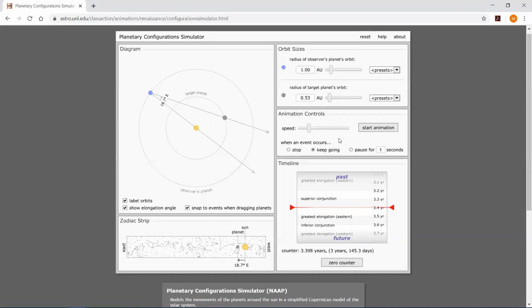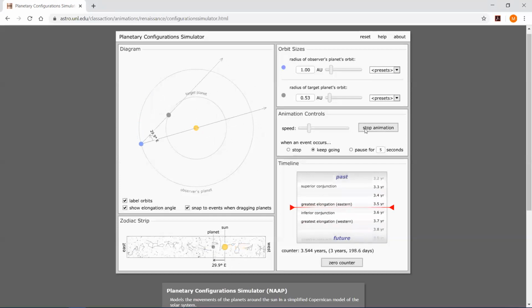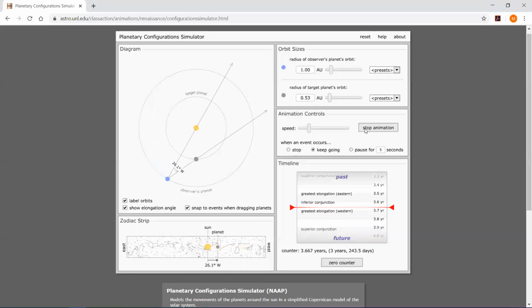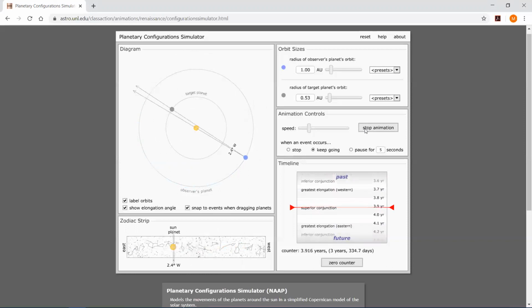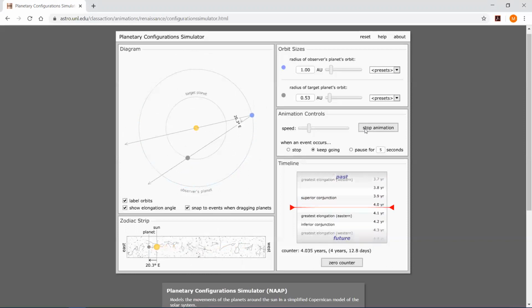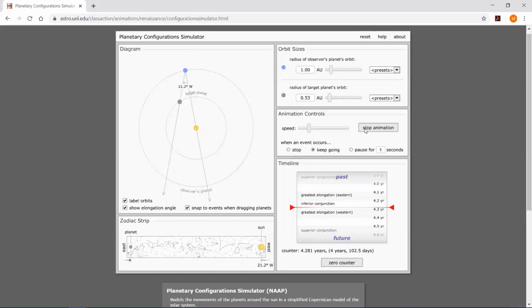So I'm going to hit start again. And of course, this isn't fast forward. It would take weeks for the planets to move like this, but you can see how as the planets orbit the sun, the elongation of, let's call it Venus, changes. Right now it's closing up to 0, then it opens up again, gets to its maximum value. Now it's closing up again, going to the other side.